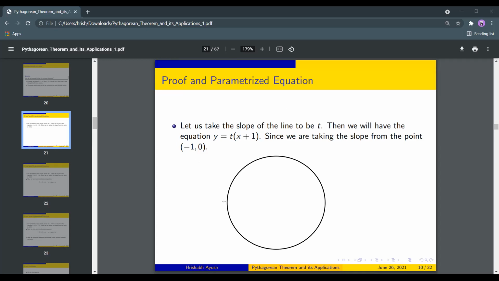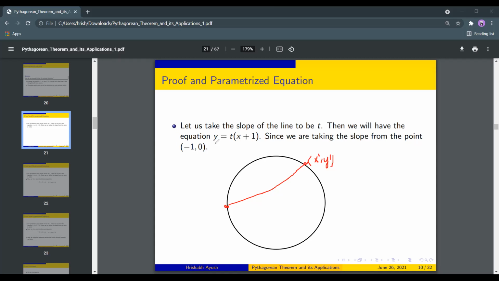Let me choose the color and there we go. So -1, 0 would be here. And let's suppose that x prime comma y prime is here. So you can find the slope of this line.